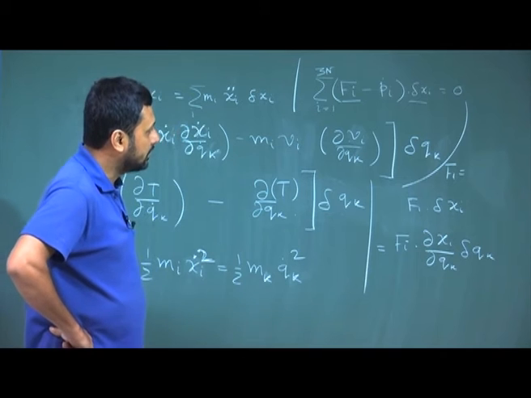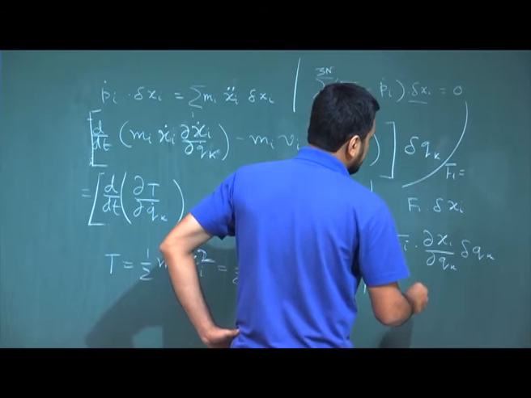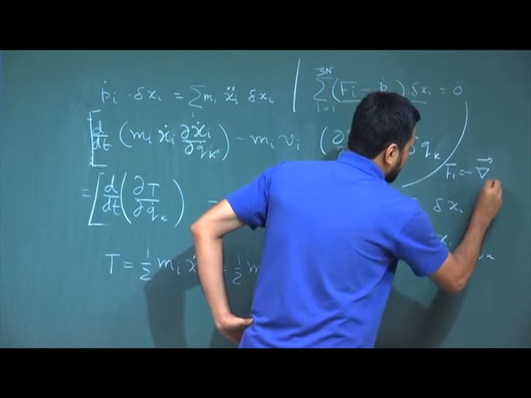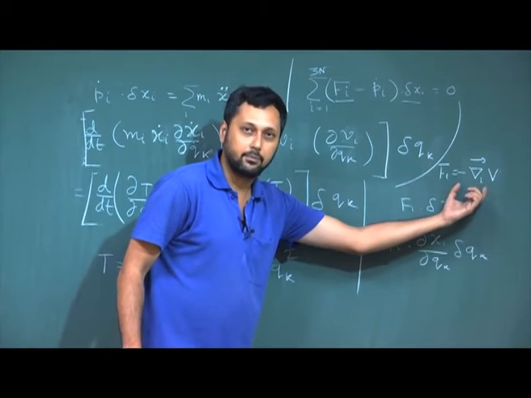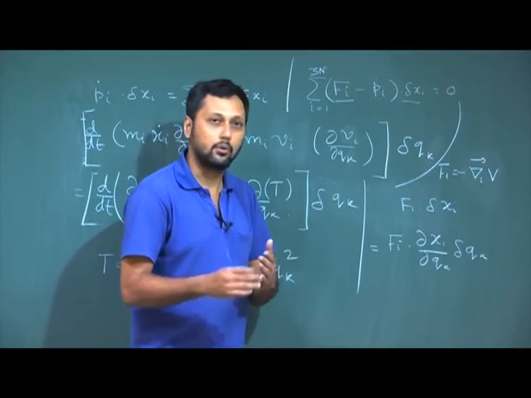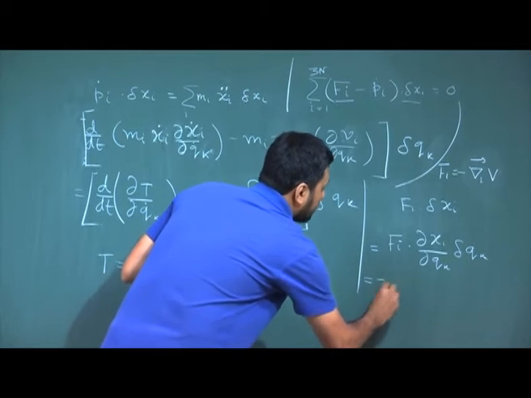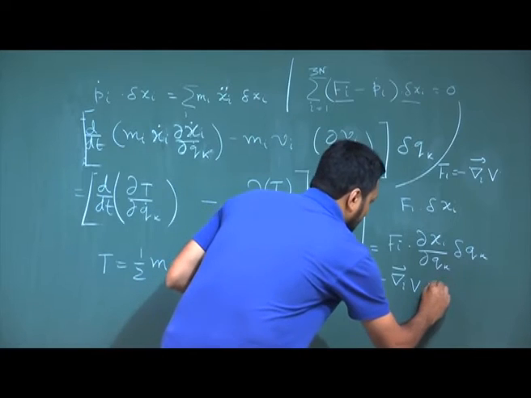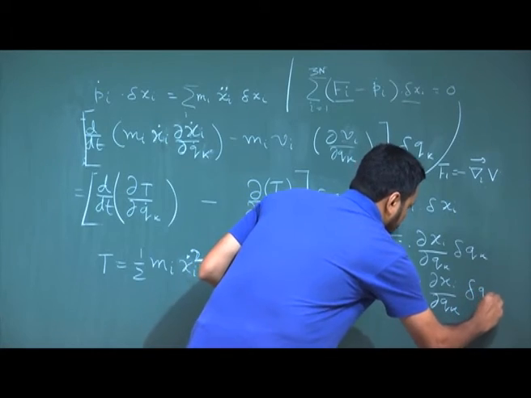Grad means the same thing. So, it will be grad i v, that is the most general. If I break it into components, I get the same thing. So, if I put it here, it will be minus grad i v del xi del qk delta qk.